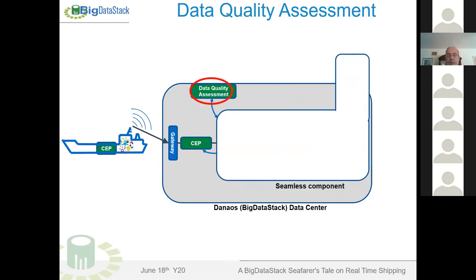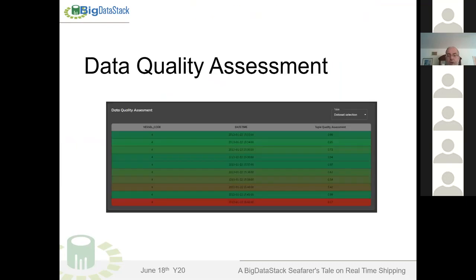Now let's have a quick look at three components. The first one is data quality assessment. This will be presented more thoroughly by Statis after I complete my presentation. So for data quality assessment, the goal is to assess for each one of the IoT records whether it is probably a very good record or maybe a faulty one.